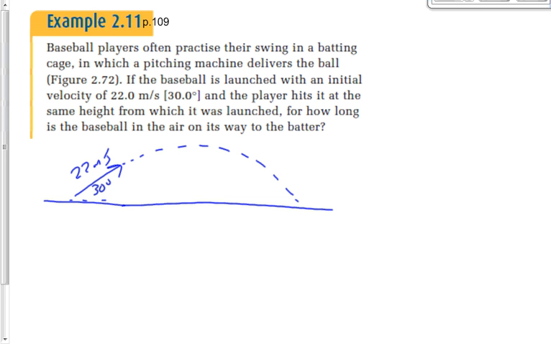That's the baseball's motion right there. What's the shape of that path of the baseball called, by the way? Yeah, good, parabola. Okay, that's all we know. What we want to solve for is the time that it's in the air for. In football, we call it the hang time, right?